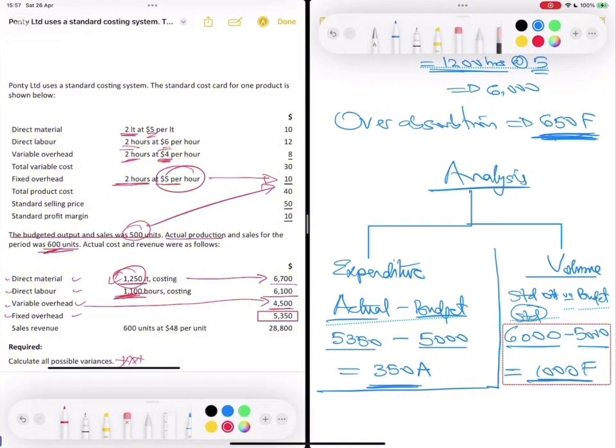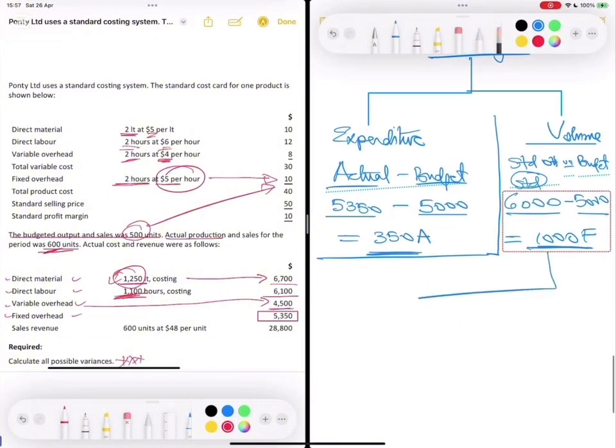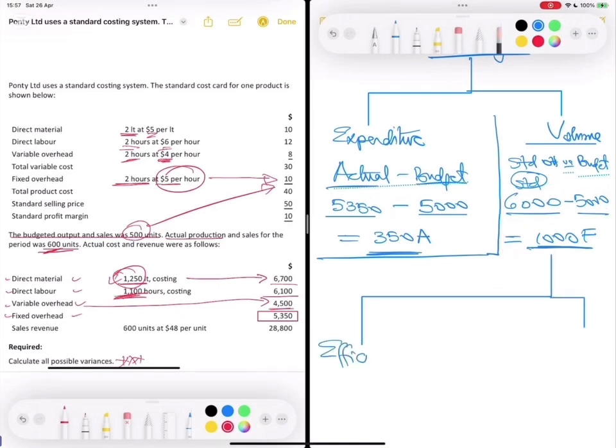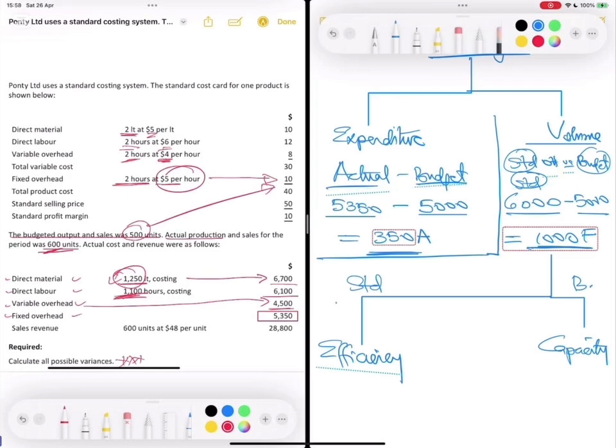The last thing we'll do today is to break the volume into its own components. The first component is efficiency, and the second component is capacity. Remember, we're comparing standard and budget up there. As I always told you, put the standard here, put the budget here, and know that each is versus actual.